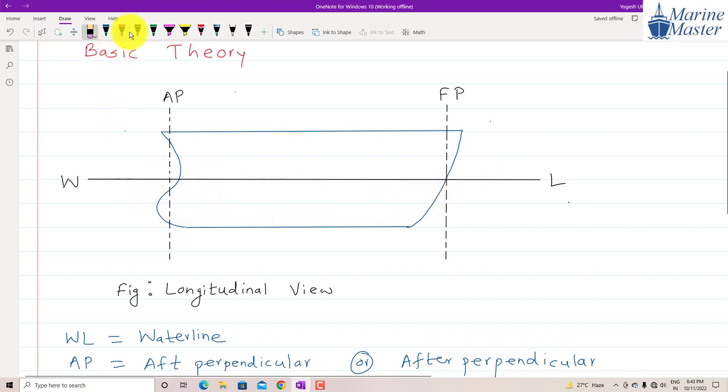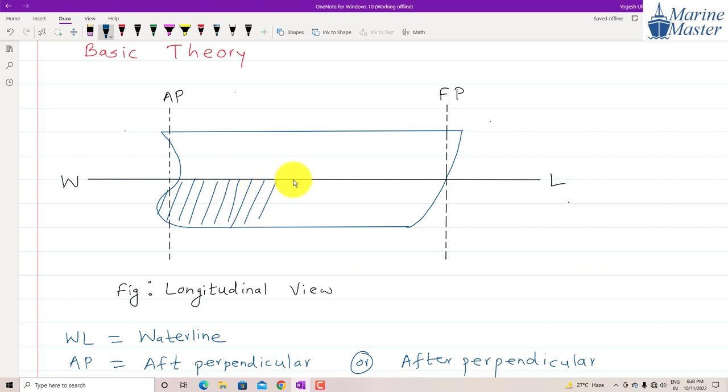So this portion of the ship, this hatching portion that I am showing here, observe carefully. In this portion, what was there? Water is displaced there.